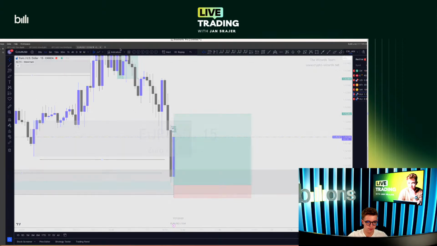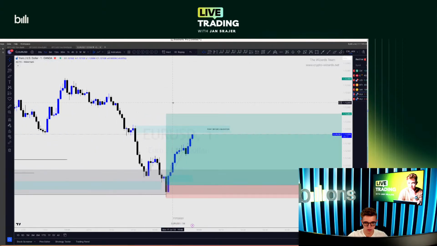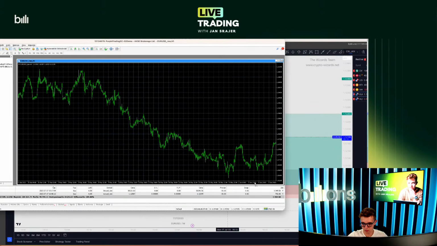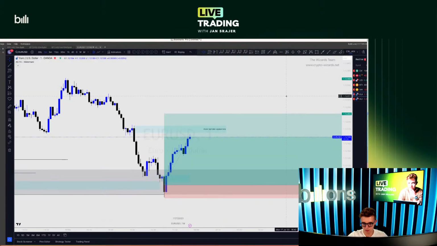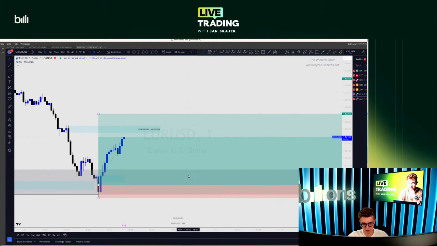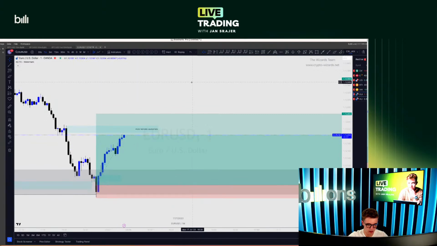Okay, come on. I'm at least gonna move my stop loss to break even, but there is this demand point that I don't like. We could reverse all the way down here.